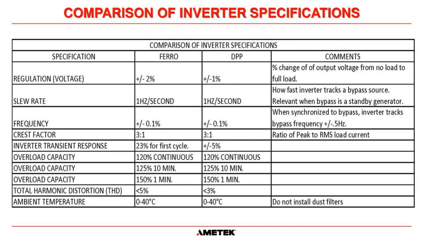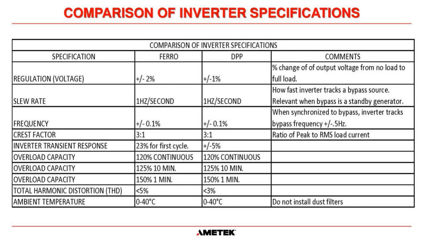Once we do synchronize to the bypass, we also look at the actual frequency. So we look at two things for synchronizing: how fast we want to track that, and how far out we want to track it, how far the frequency goes. So again, here in the US, we've got a stable grid, so we're not too concerned about being right on 60 hertz.